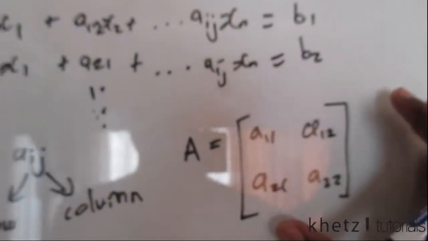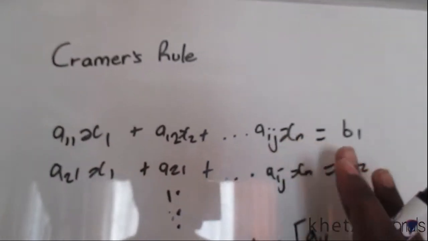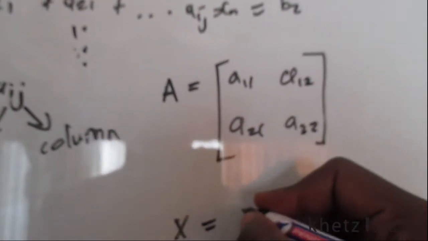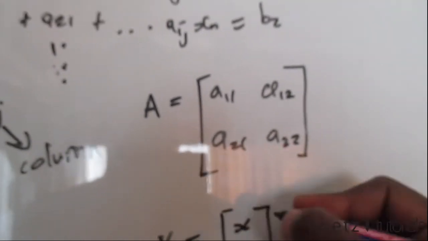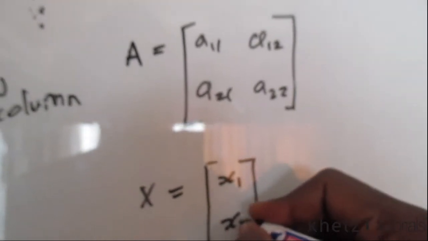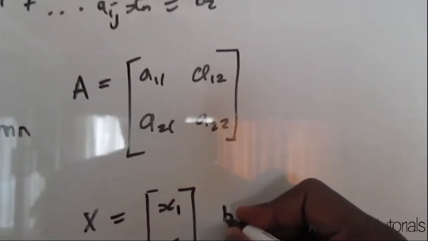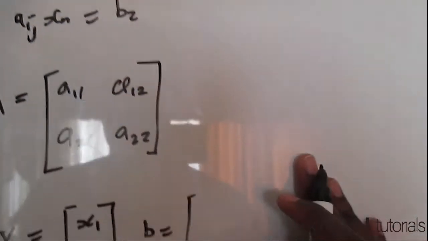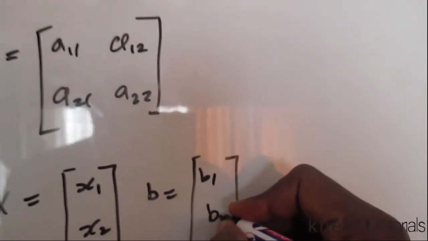And these are the coefficients of each of the variables which we're interested in. And then next, you'd have x, which is a column matrix consisting of all the variables which you want to find. And finally, you'd have B, another column matrix, which could be constants. So for a 2 times 2 matrix, you'd have b1 and b2.